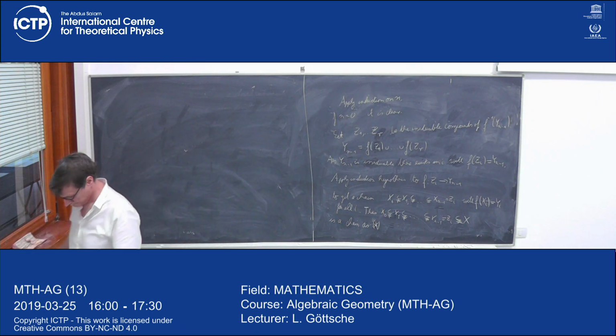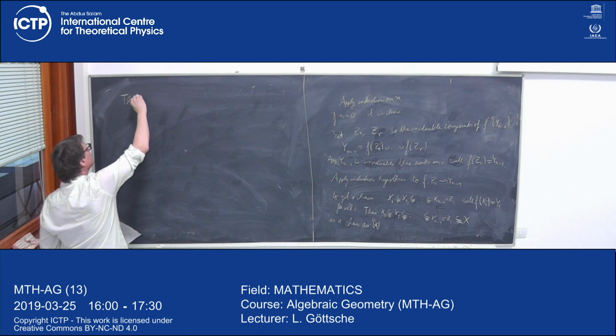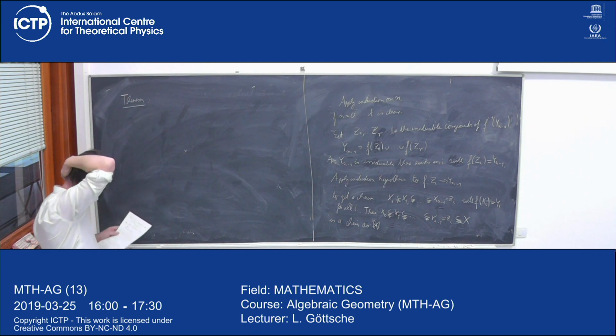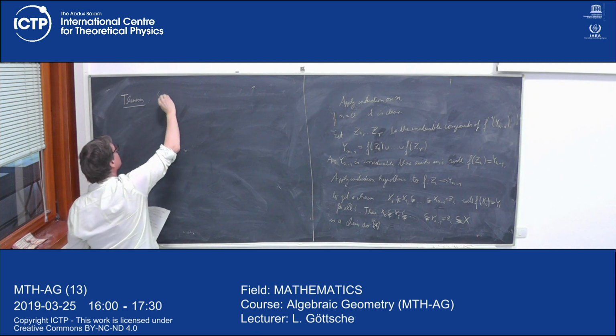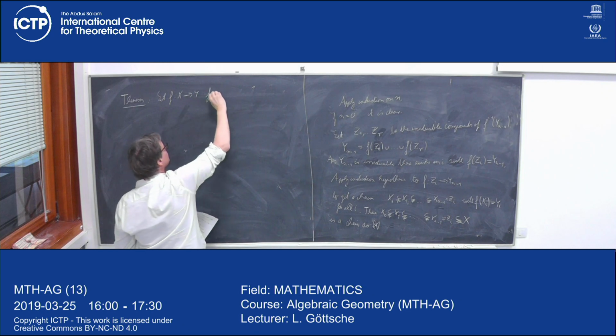This is also... Suppose that f: X to Y is a finite surjective morphism.